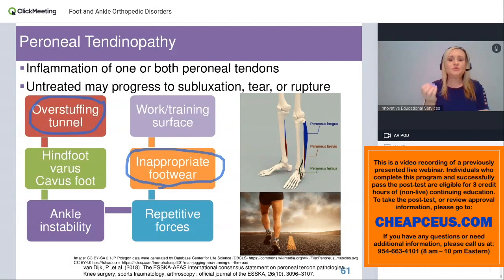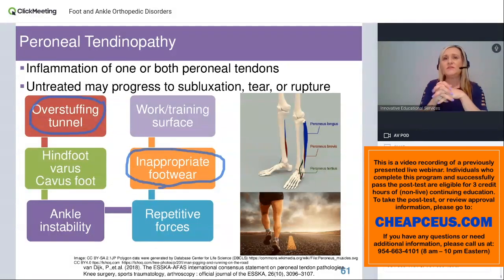This could be that individual if they're in a sport where they're using a skate or a boot as part of their skiing, hockey, figure skating, where it's not tight enough, not stabilizing them, the muscles may have to work more. That could be a challenge.